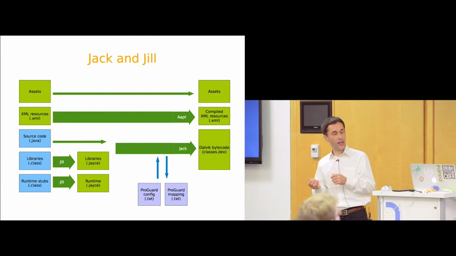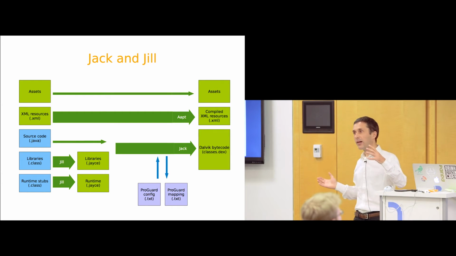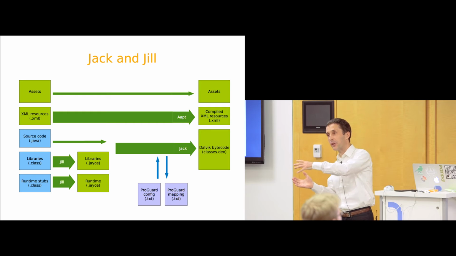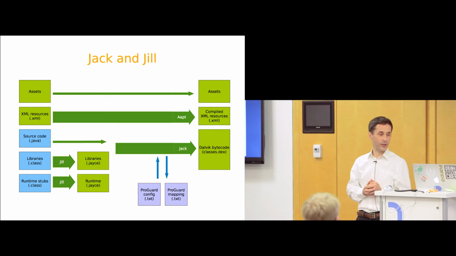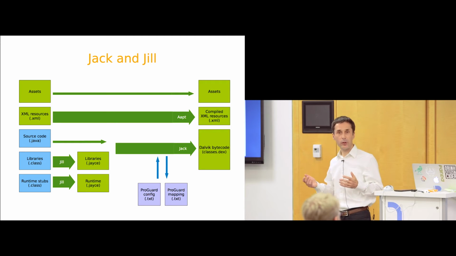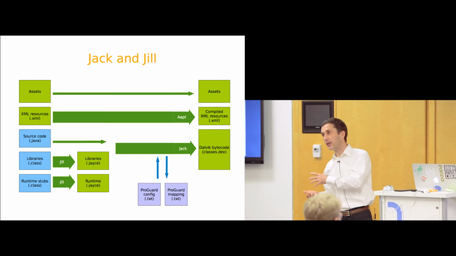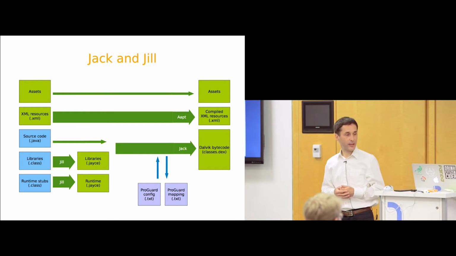And the Jack compiler does understand this new Jayce format, and it can compile everything together with your own source code to the Dalvik bytecode. At the same time, Jack contains the functionality of ProGuard. It can shrink and obfuscate, and it can read the same ProGuard configuration files, and it can write out the same ProGuard mapping files.